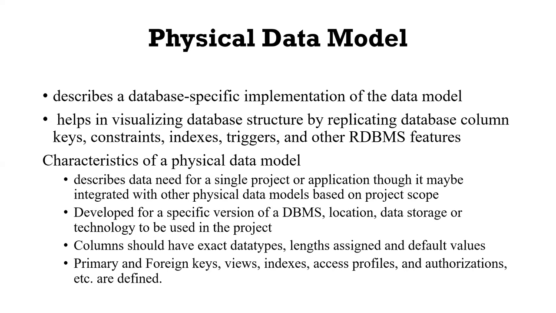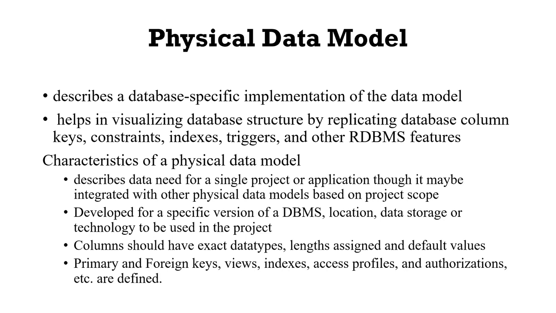When we are speaking about the characteristics of the physical data model, it describes data needs for a single project or application, though it may be integrated with other physical data models based on project scope. Physical data model is developed for a specific version of a DBMS, location, data storage, or technology to be used in the project.